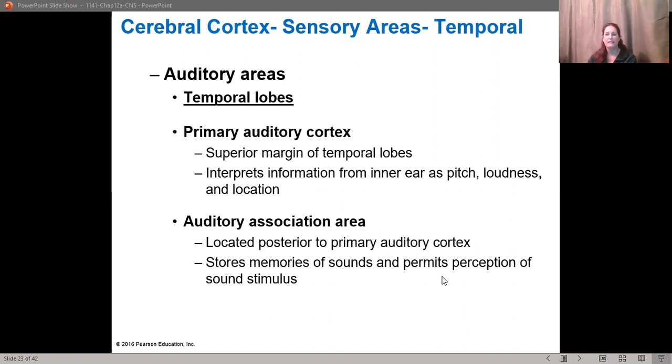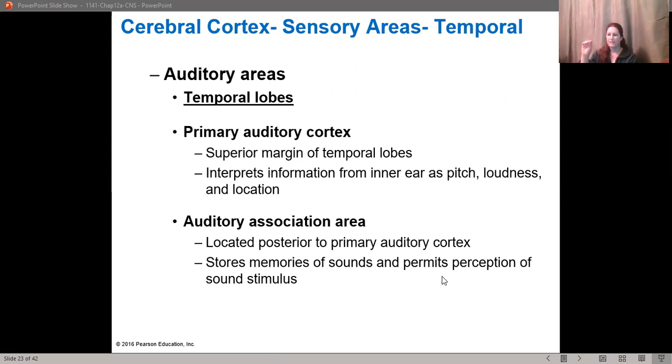And the way that your ears are designed, they have hair cells that get bent over, and it's in the cochlea, and the further along it goes, the higher the pitch.